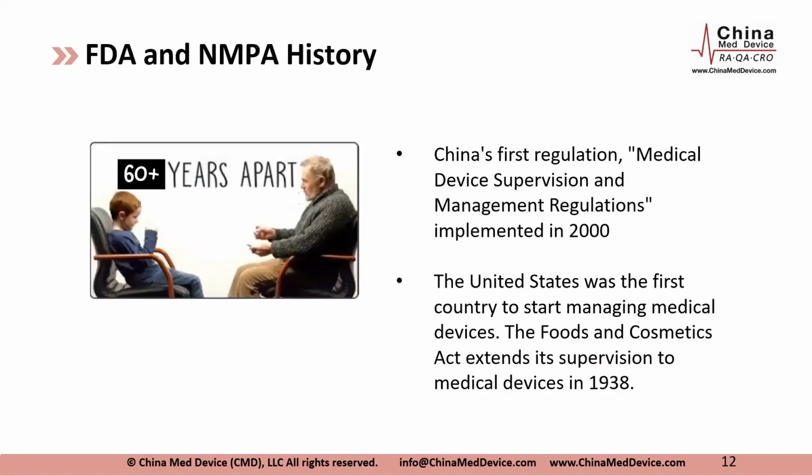I use this picture to demonstrate that China is growing up fast in these 20 years. It's like a teenager compared to the FDA. The FDA started in 1938. So when you're a grandfather, you're pretty matured. You have thousands of biostats and experts to support you in the FDA. But in China, there are only limited people, and the teenager is growing fast, but there are also a lot of changes.